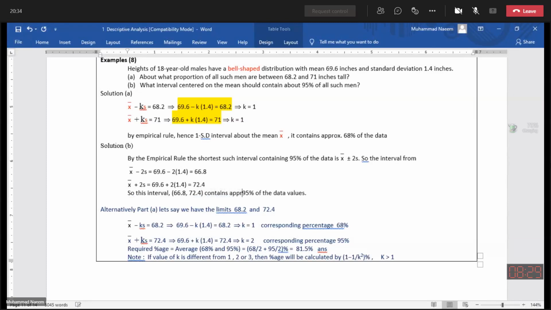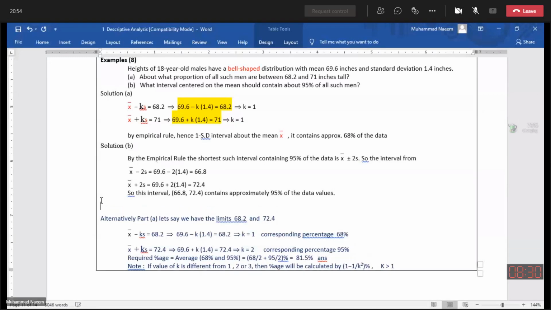We use the word approximately for the empirical rule. So in this way, we have answered both the parts.